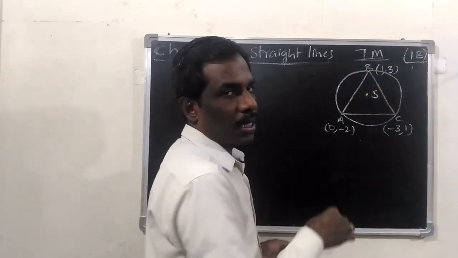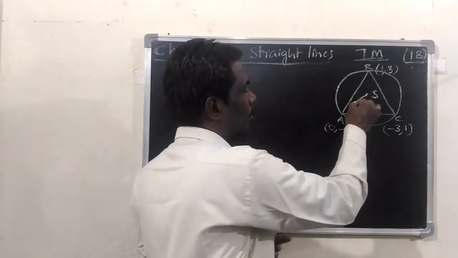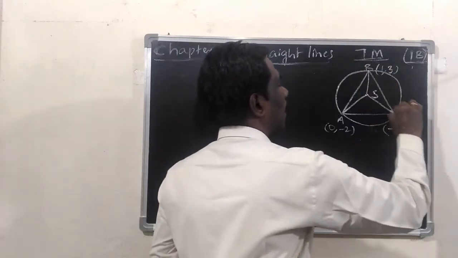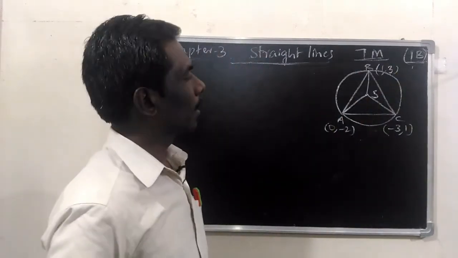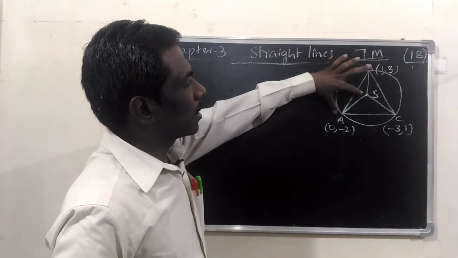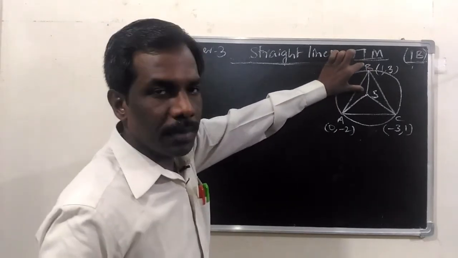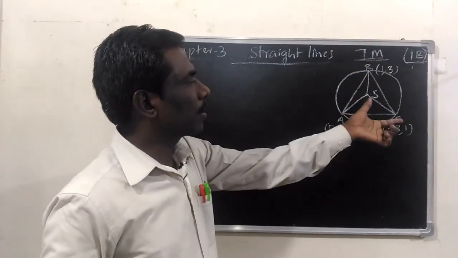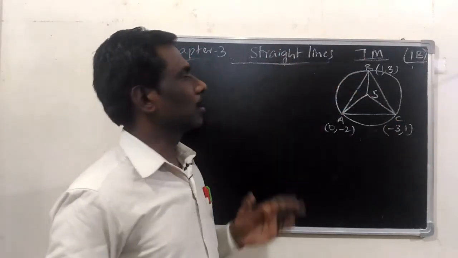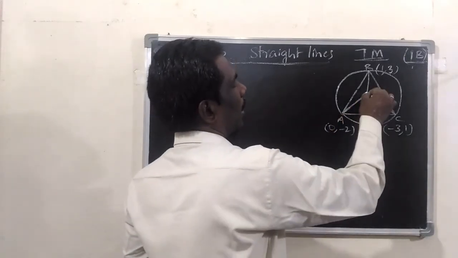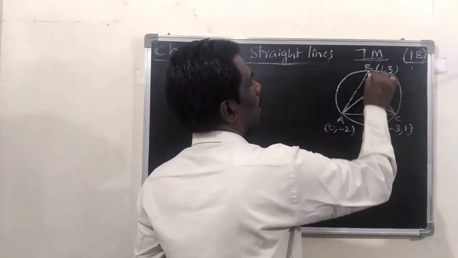The circumcenter is equidistant from the 3 vertices of the triangle. It means the distance SA is equal to the distance SB is equal to the distance SC, because this is the radius. All the radii are equal in a circle.